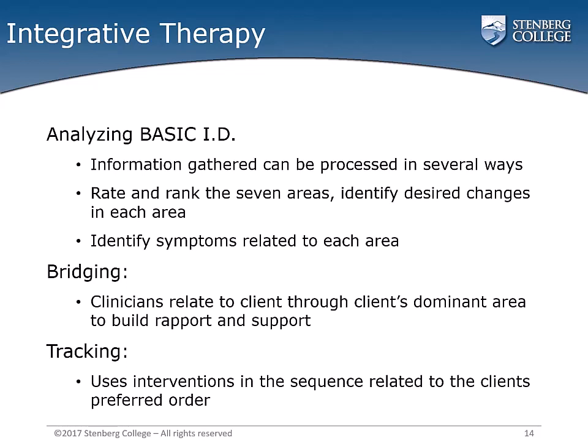Bridging is an MMT technique, which is the process of the clinician initially relating to the client through the client's predominant modality in order to build rapport and connection. Tracking is a process of using interventions in a sequence that mirrors the client's order preference. Both tracking and bridging are intended to maximize the client's receptivity to the interventions.